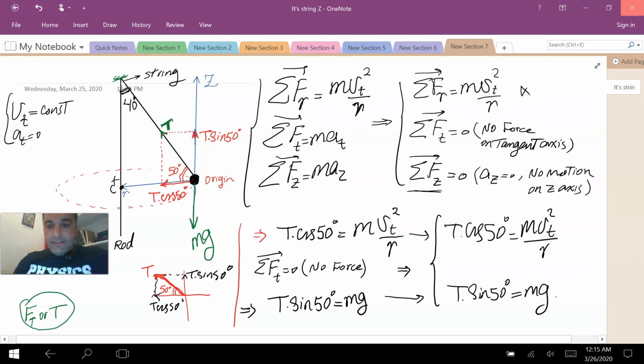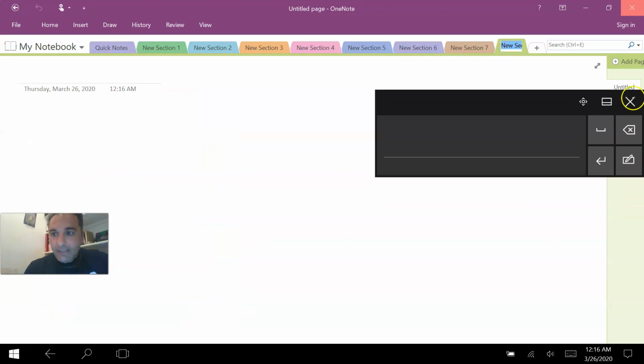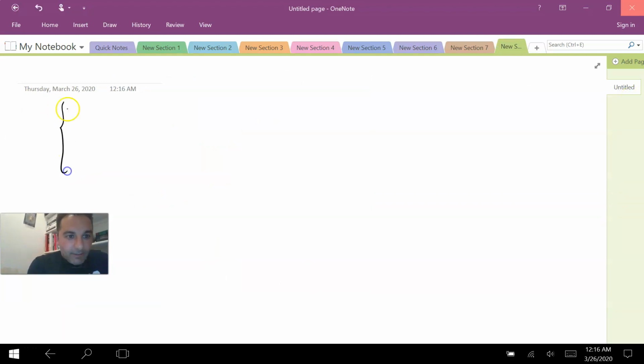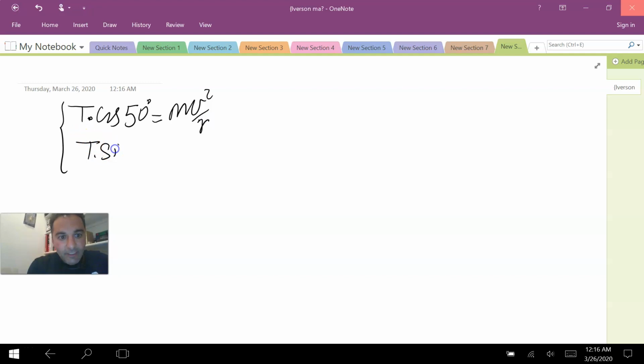So far makes sense or not? Please let me know. This is set. Now you're going to substitute to see what's going on. Let me open a new page. So what I have is T cosine 50 degrees equal to mv squared over r, and T sine 50 equal to mg, correct?